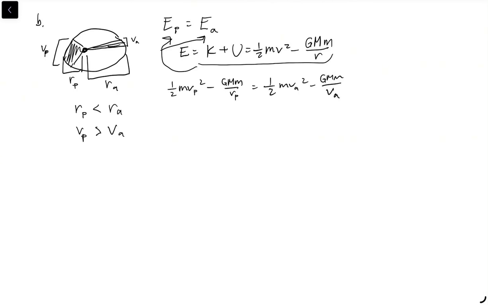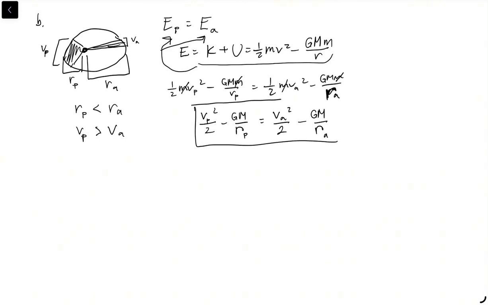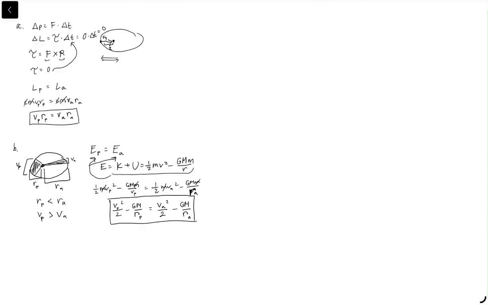And then in all of these terms, the little mass cancels out. So we're left with this equation for the conservation of energy. Sorry, this is an awfully drawn R. That's an R, not a V. Okay, this is my final equation.